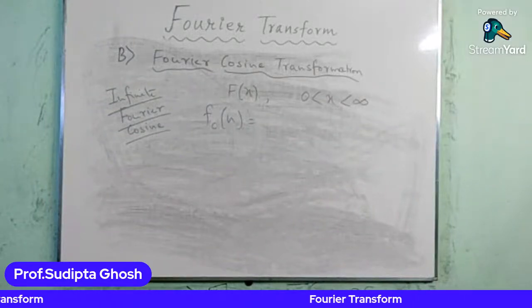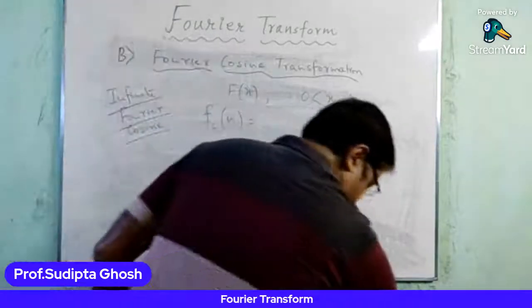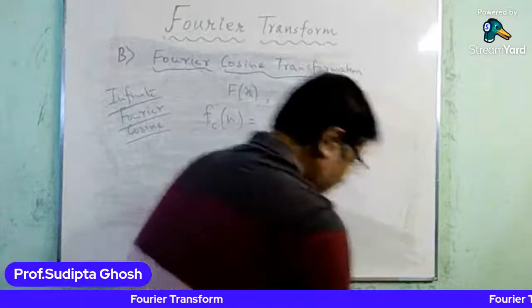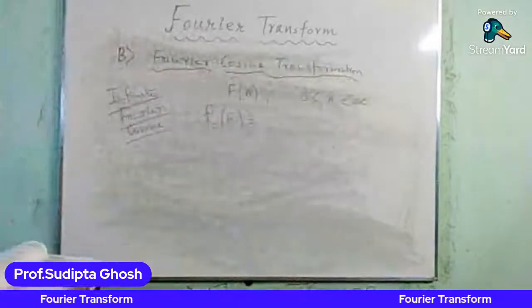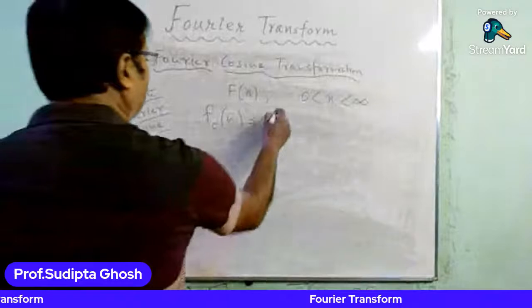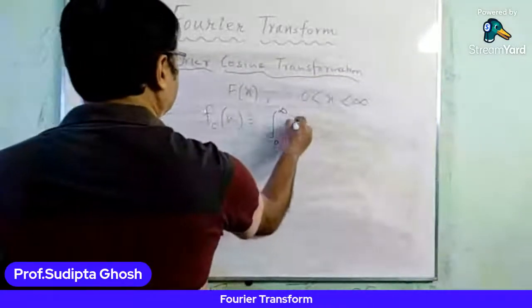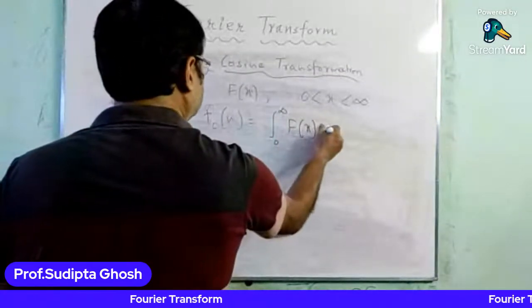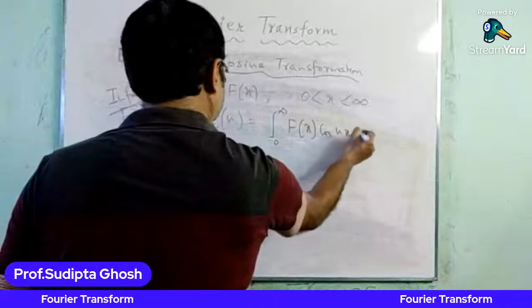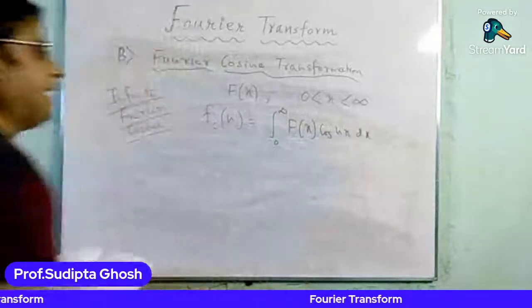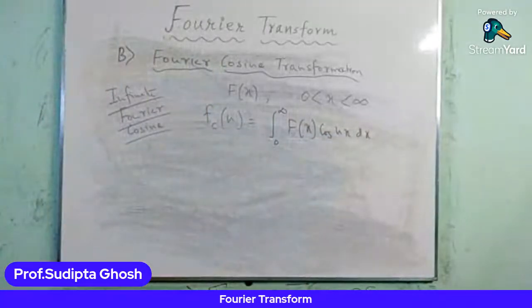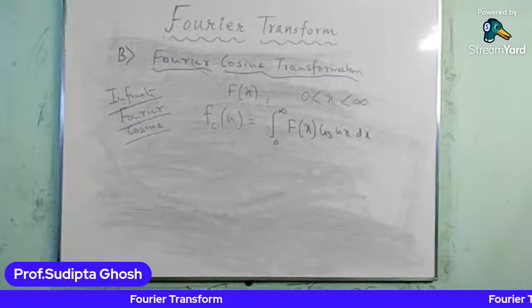So it will be Fc of n, and that equals integral 0 to infinity f of x cos nx dx, where again n is a positive integer.